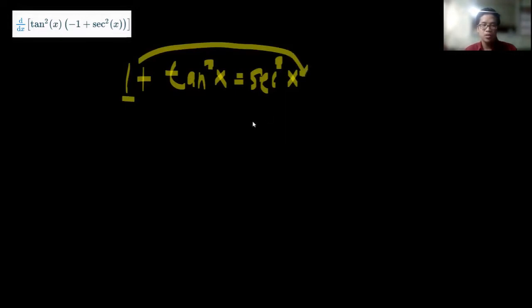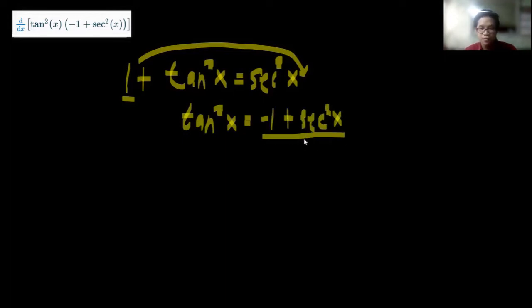I also have 1 plus tangent squared of x is equals to secant squared of x. Right? I have that one too. So if I transpose 1 to the other side, I will have tangent squared of x is equals to -1 plus secant squared of x. And we have -1 plus secant squared of x here.